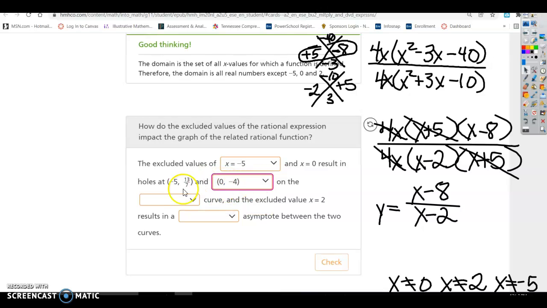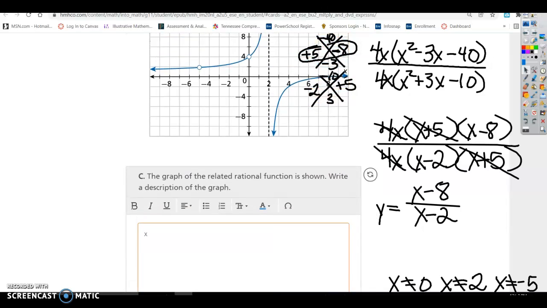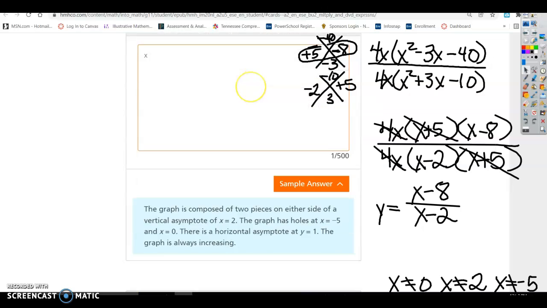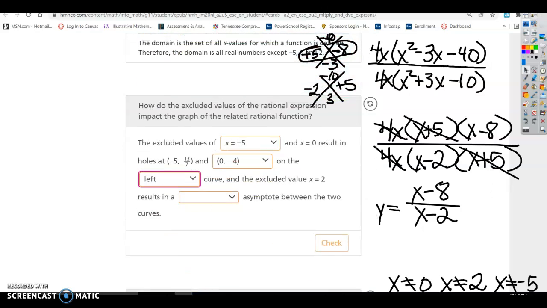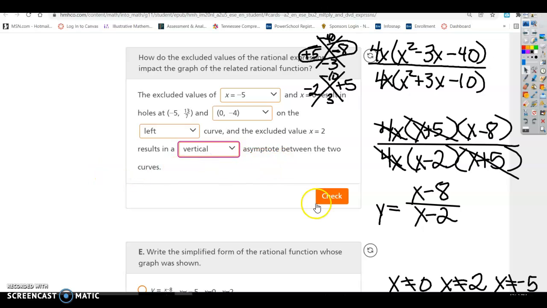I don't know why it's -4. It should be 4. Both of those are on the left side. So we got -5. And this should be +4, but for some reason there's a typo. That's okay. And the excluded value x equals 2 results in a vertical asymptote between the curve.